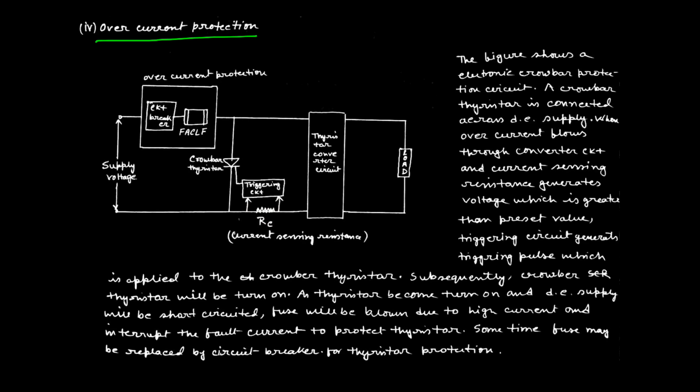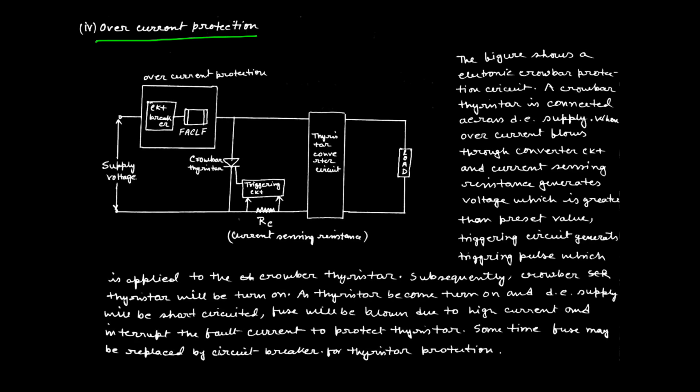That means it can identify how much current is flowing through the circuit. That is why for normal condition, when no fault occurs across the line or across the converter circuit, then the simple rated current flows throughout the converter circuit, and it cannot generate the extra amount of voltage.